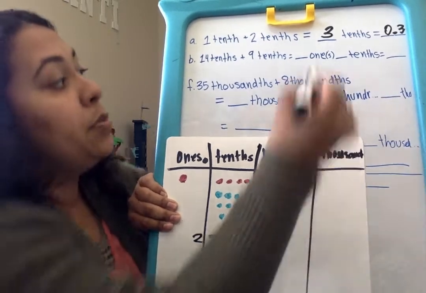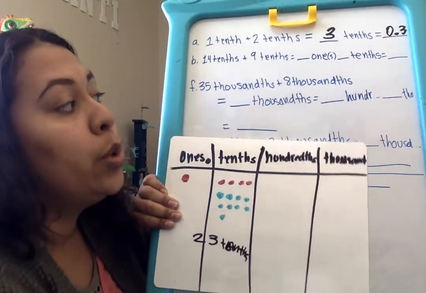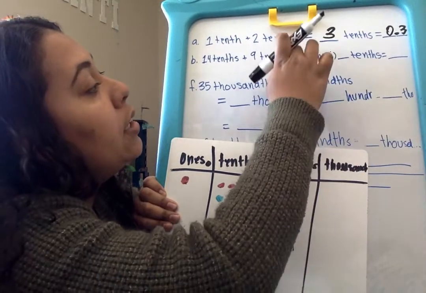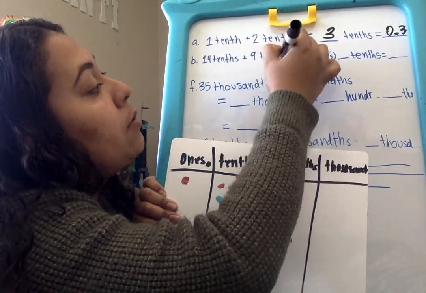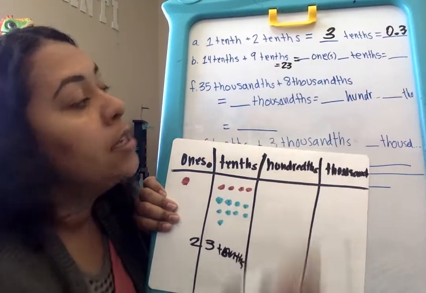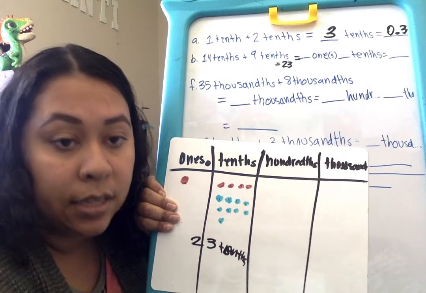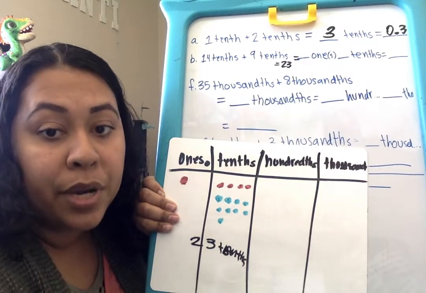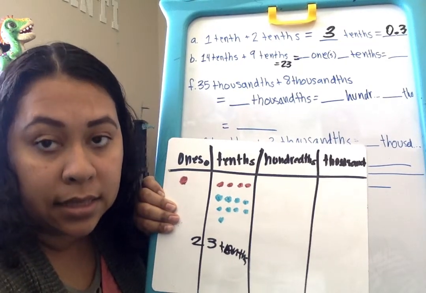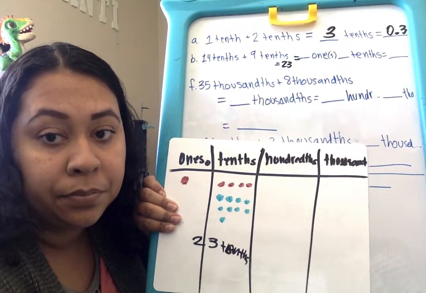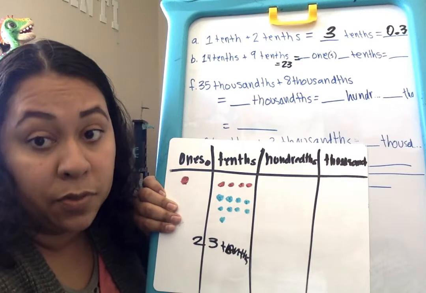So now I'm going to put that here, 23/10. So that would equal 23/10. So you just put the 23 in that blank, and then you would break it apart into the ones and tenths, because that's going to help you to see how to write it as the decimal form.